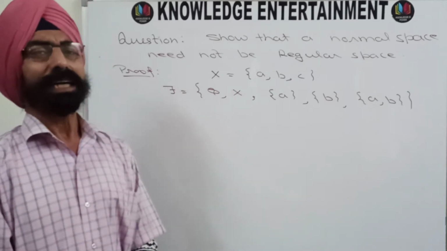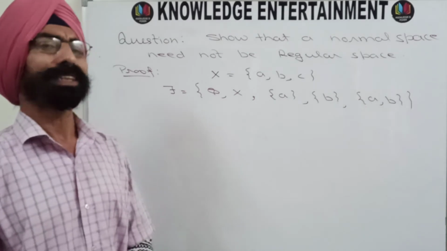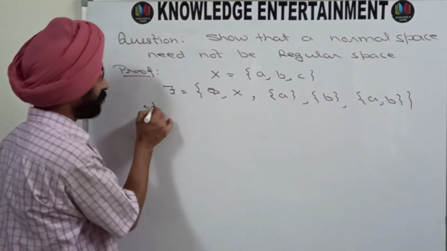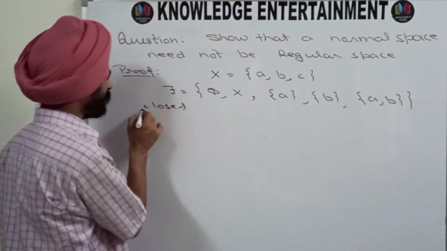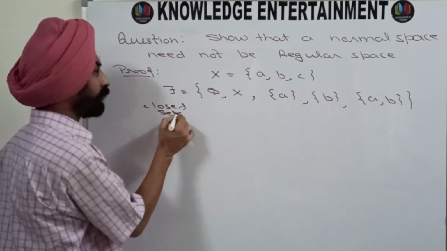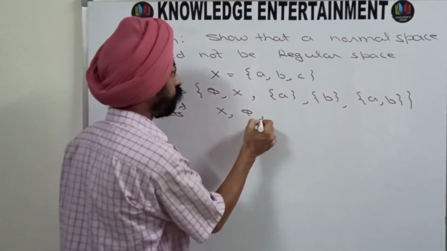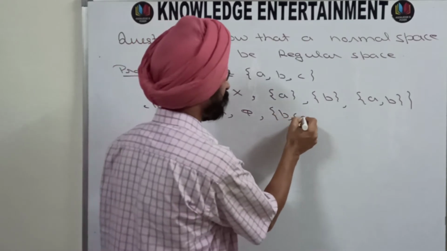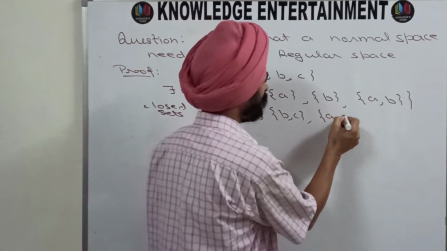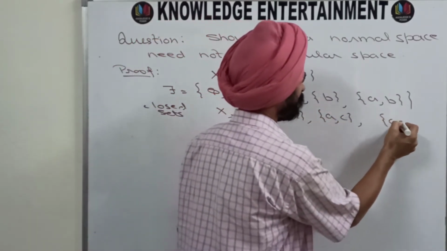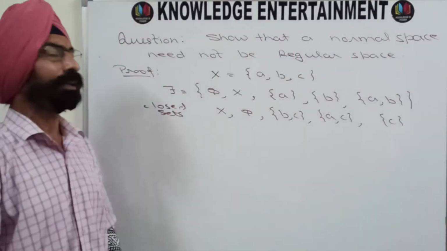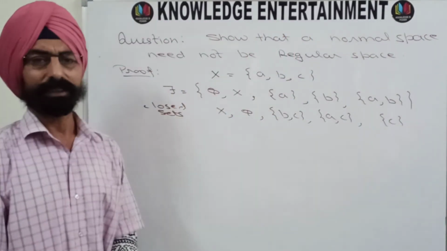Now what the closed sets are? Here the closed sets, all the possible are X, phi, BC, AC, and the singleton set C. These are the only possible closed sets.